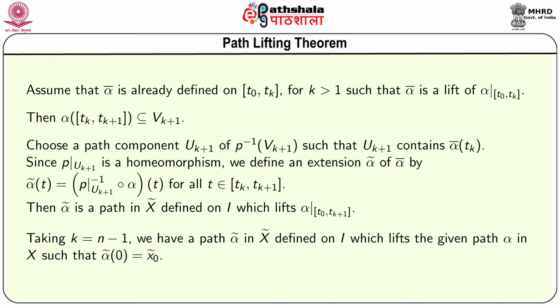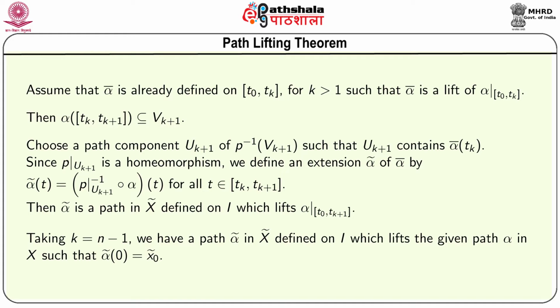Then alpha of the subinterval tk to t_{k+1} is contained in V_{k+1}. Now, we choose a path component U_{k+1} of P inverse of V_{k+1} such that U_{k+1} contains alpha bar of tk.